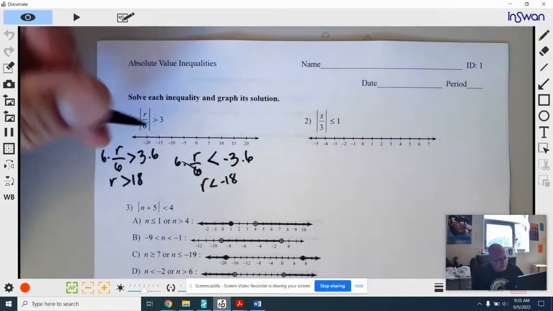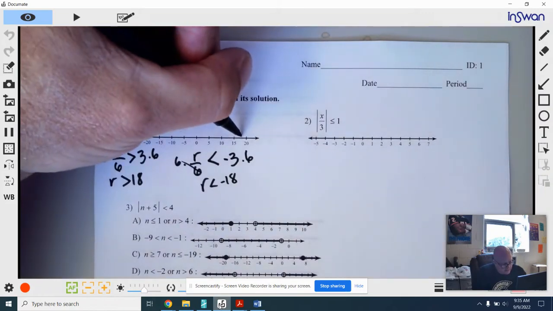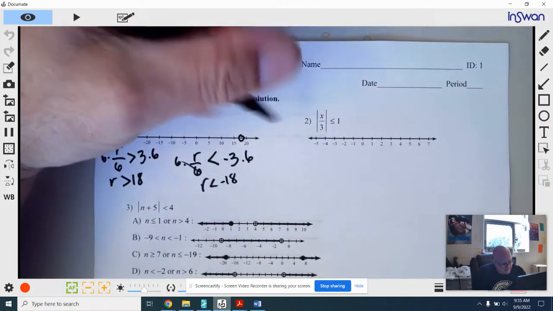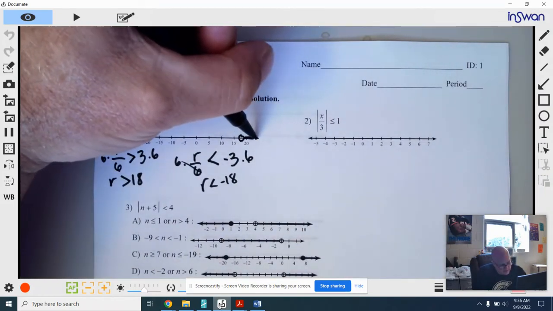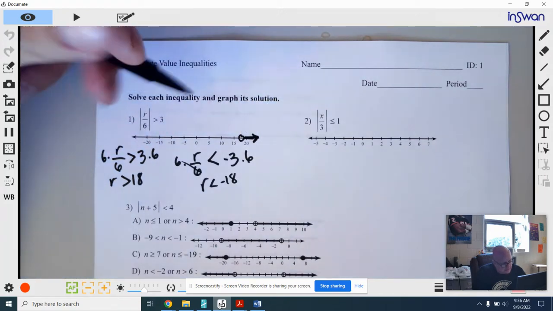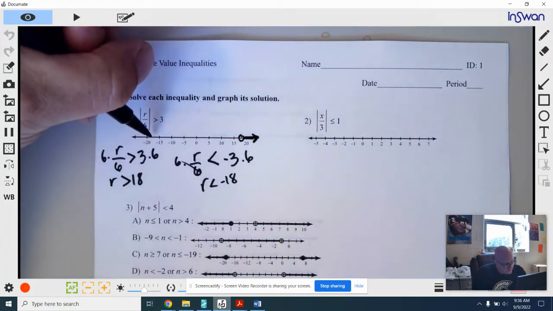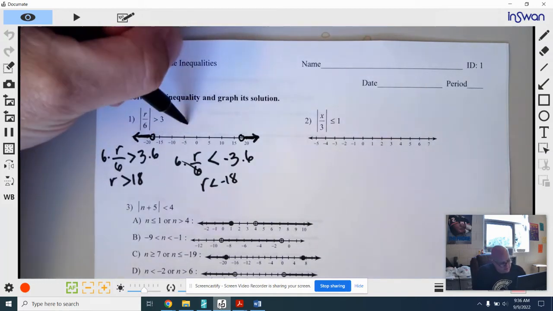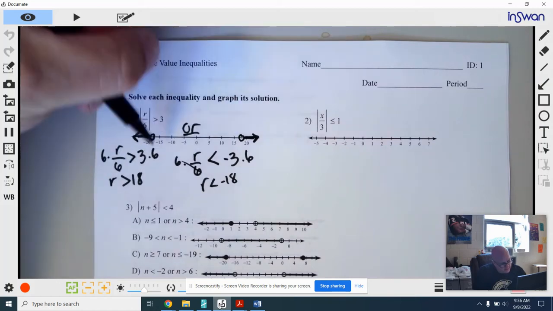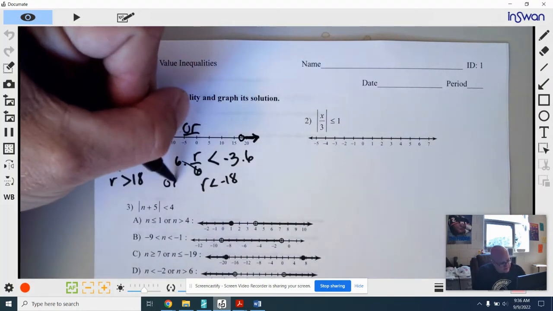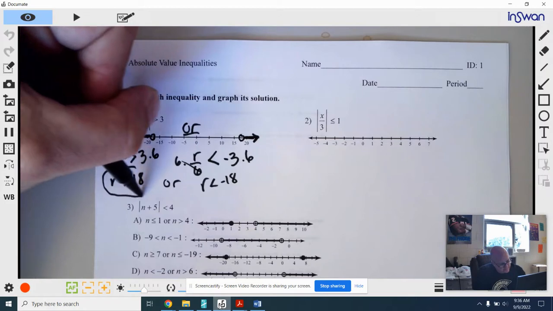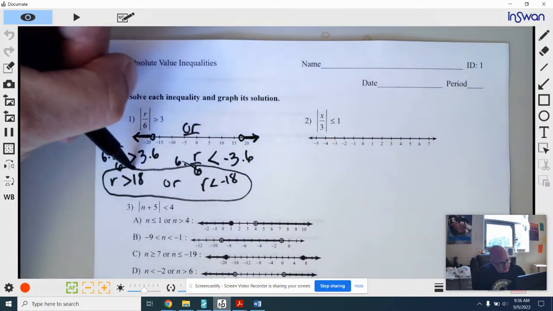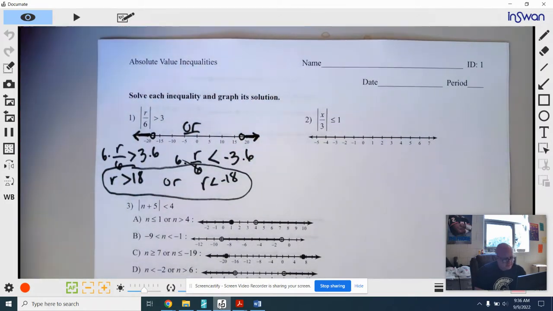Okay, so r is greater than 18, so that'd be somewhere roughly about there, shaded to the right because it's greater than, and r is less than negative 18, so somewhere about here, and that'd be shaded to the left. And this is definitely what we call an OR graph because it's got that separation. So my final answer, I put an OR between them, is that, along with my graph up top.